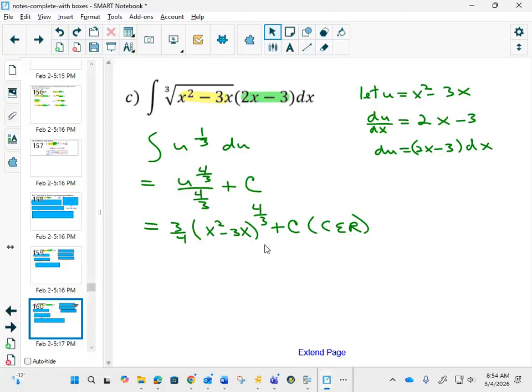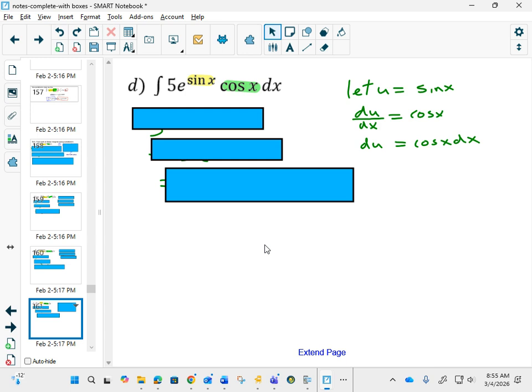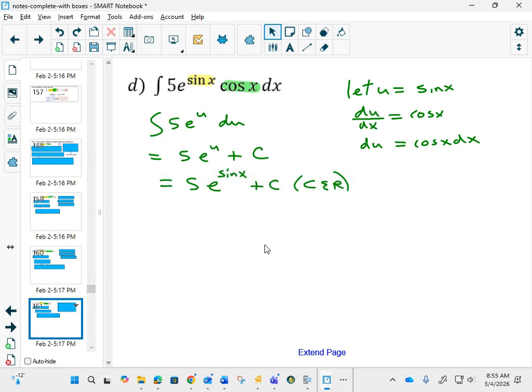So again, noticing the inside function, letting u equal the inside function. And d. This just is 5e to the u. That is about as easy an integral as you can get because that's 5e to the u plus c, and then substitute back.